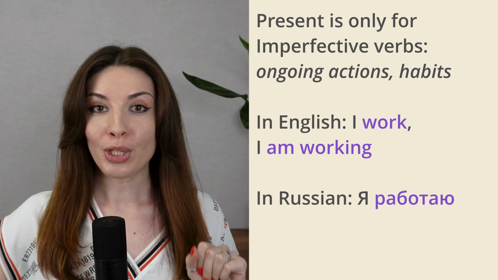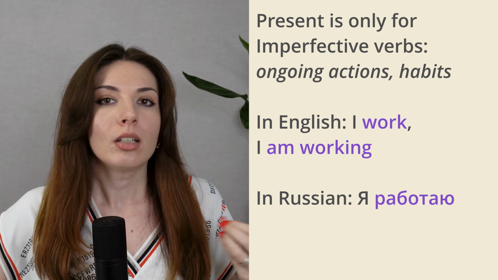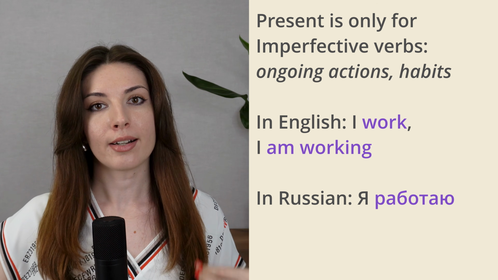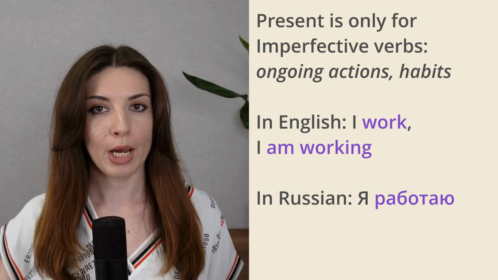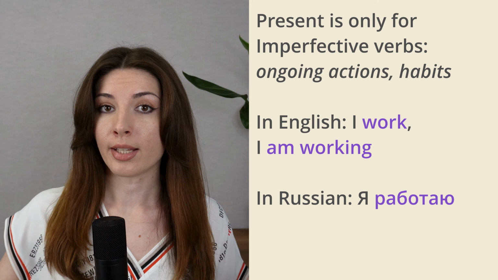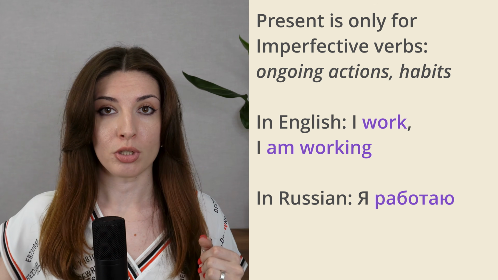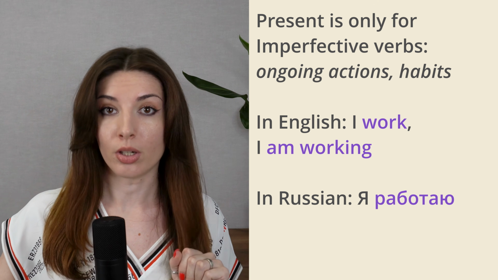First, the present tense. The present tense we use only for imperfective verbs because they are ongoing actions. They are some habits. If in English you have 2 forms, I work, I am working, in Russian we have just one: я работаю. It will be translated as I work and I am working, depending on the situation.